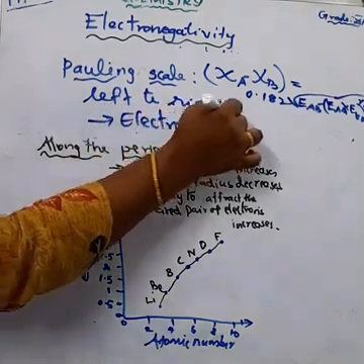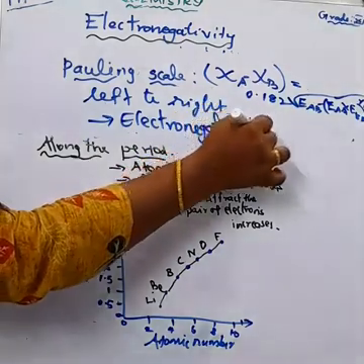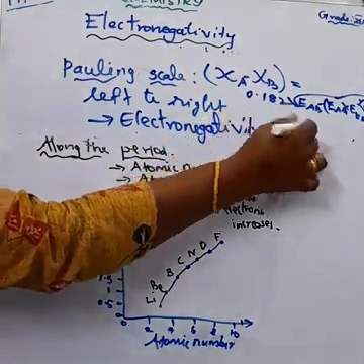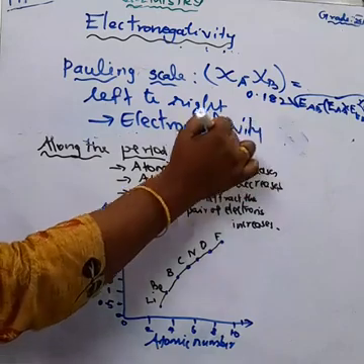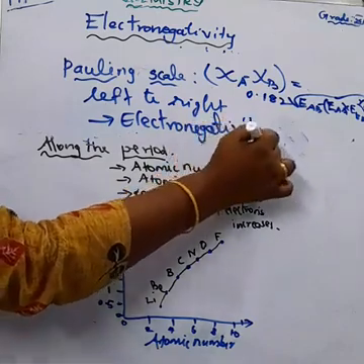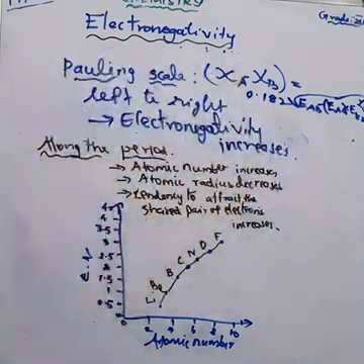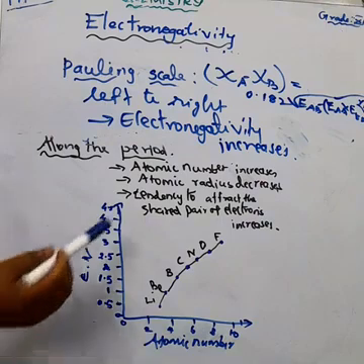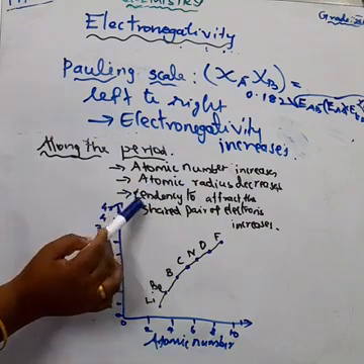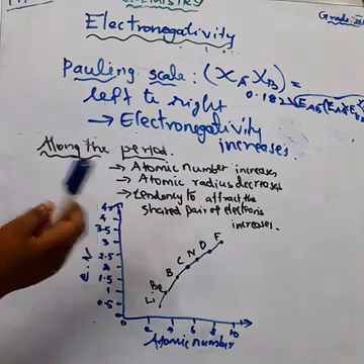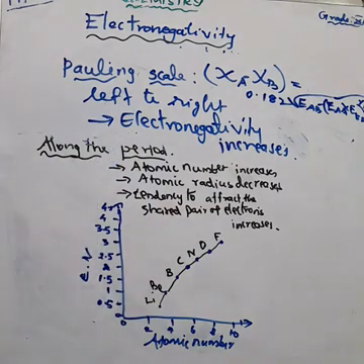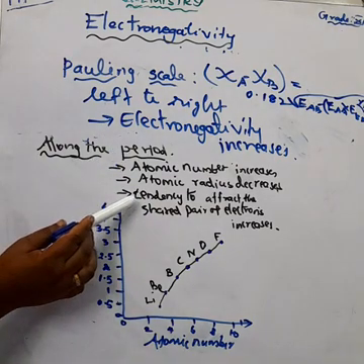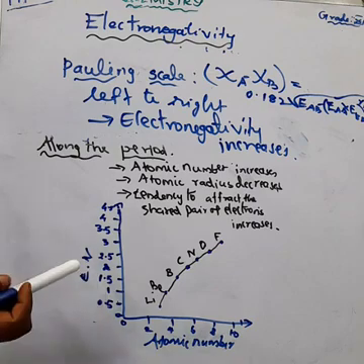When atomic radius decreases, the attraction between the valence electrons and the nucleus increases, so there is a greater nuclear force and the nuclear charge is increased.